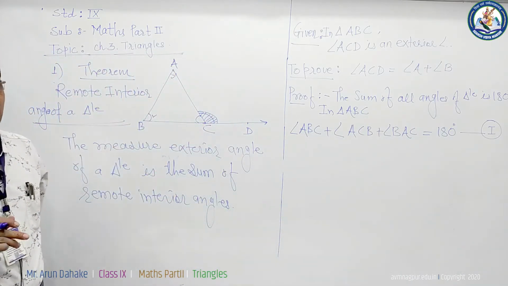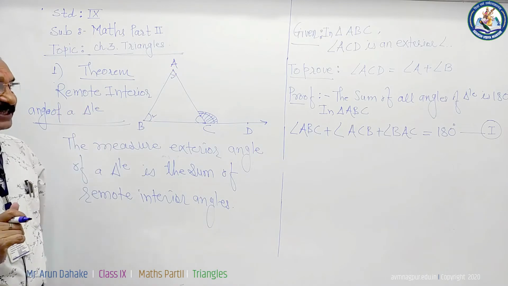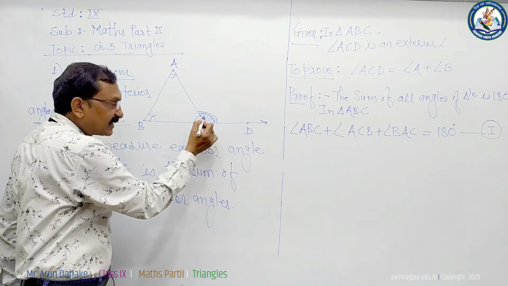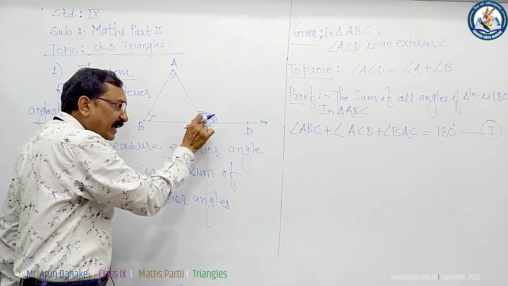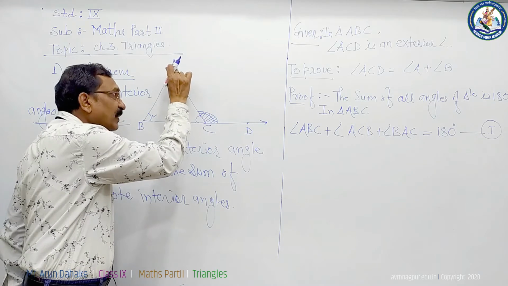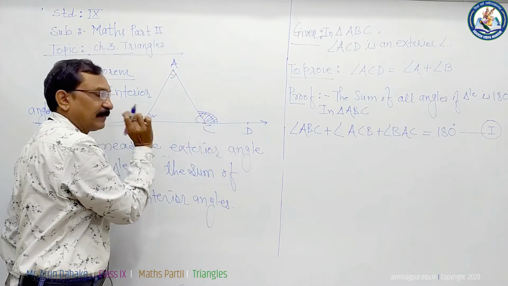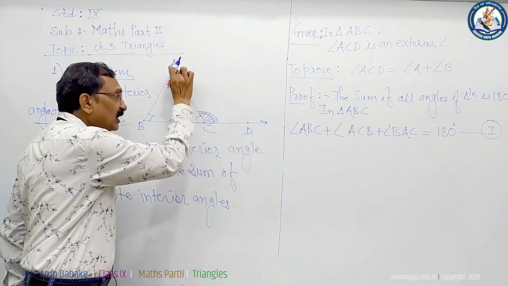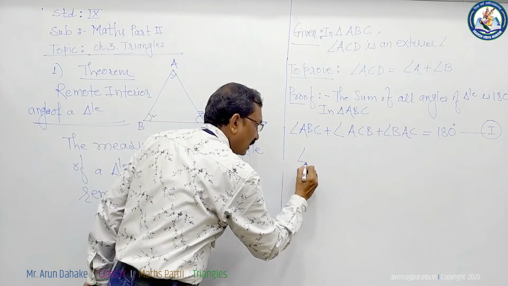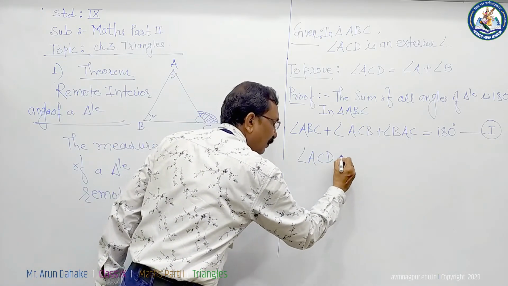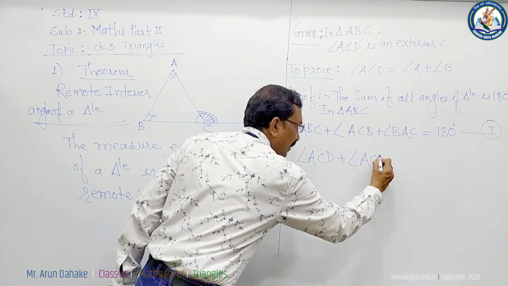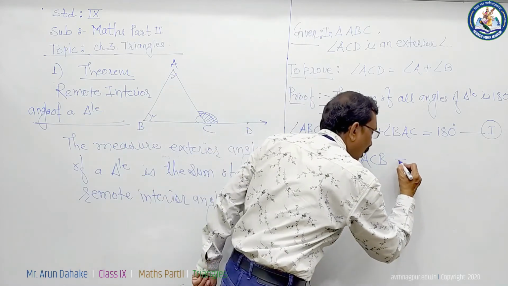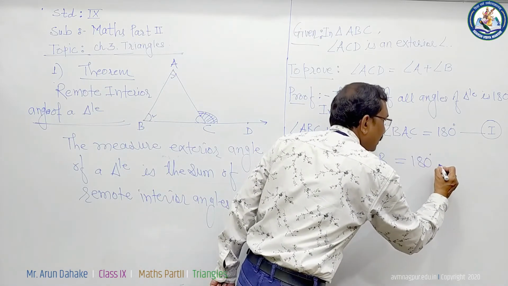After getting this first equation, now see that the exterior angle ACD is an exterior angle. With this exterior angle, which one is the linear angle there again? The linear pair angle is ACB. So now angle ACD plus angle ACB is also equal to 180 degrees.